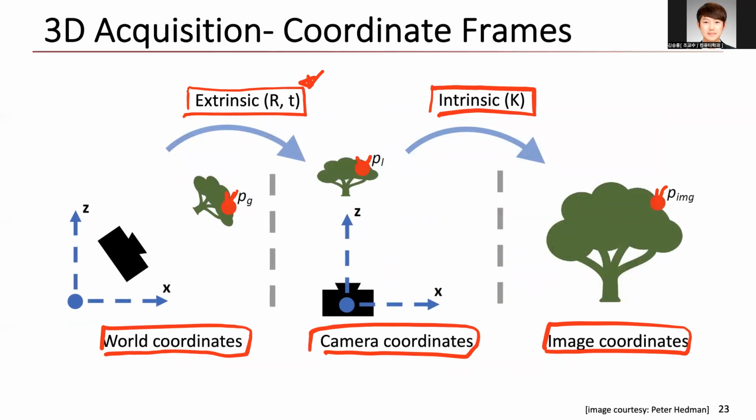By using the extrinsic parameter and intrinsic parameter, we can find a mapping relationship between the world coordinate point and the pixels in the images.